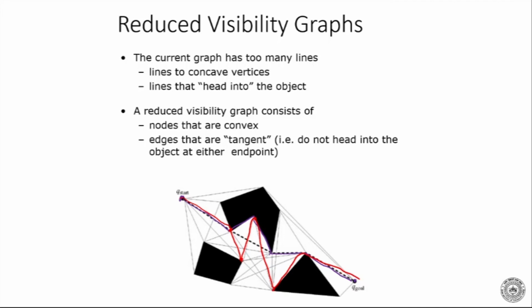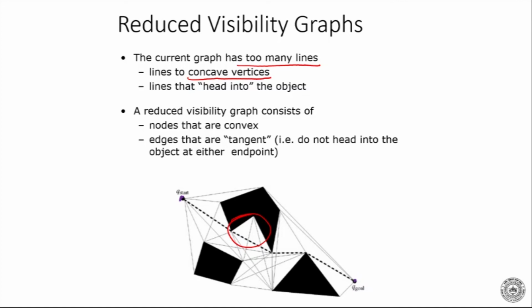Okay, but something that we notice here is that if you use the sweep line algorithm or this method, the current graph has too many lines. That means there is just too many lines. Now, something that you note very easily is that whenever you have concave, there is no point in going there. Okay, so the lines that go into concave vertices actually are not of much use because they only lengthen the path.